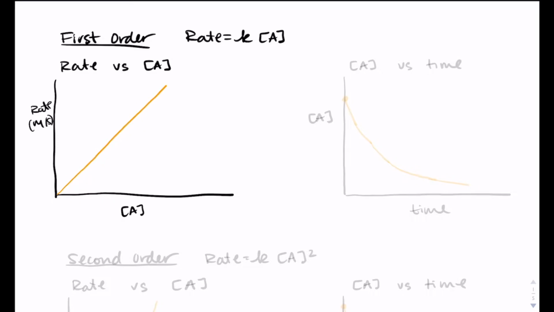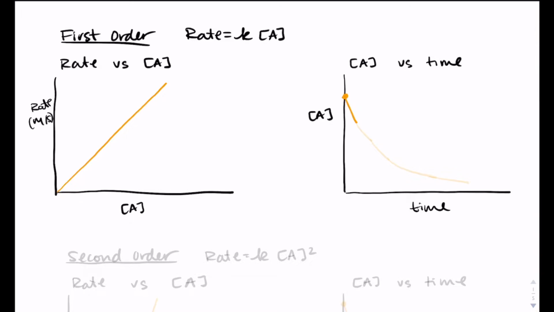Looking at the concentration of A versus time plot, as my reaction happens, the concentration of A goes down. But as the concentration of A goes down, my reaction goes slower. So then my concentration of A does not go down as quickly, but it still goes down, so then my reaction goes slower.